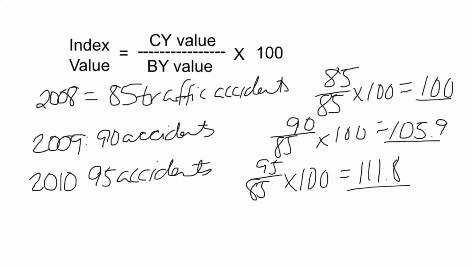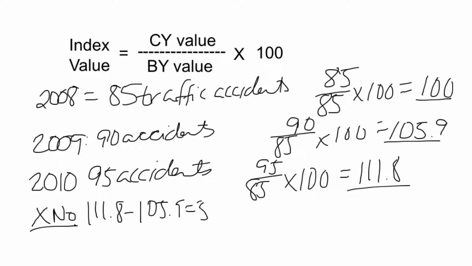All right, so we can also then say that there's been an 11.8% increase since the base year, but what we cannot say, how should I designate this? Cannot say: 111.8 minus 105.9 actually is 5.9. We cannot say that there's been a 5.9% increase in accidents from 2009 to 2010. That would not be correct.